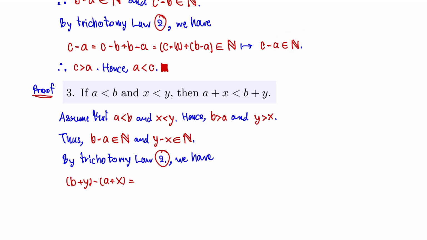So we have B plus Y minus A minus X, and using the commutative property, we have B minus A plus Y minus X. Right now, these are two natural numbers. According to the trichotomy law, the sum of two natural numbers is also a natural number, or positive integer.